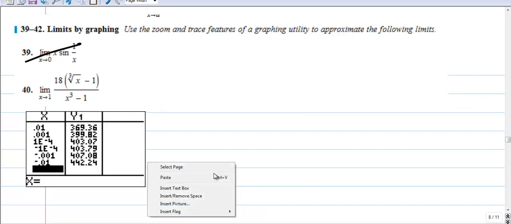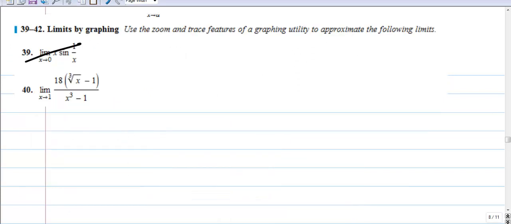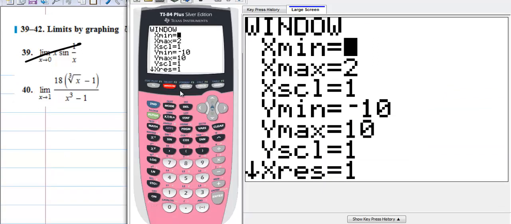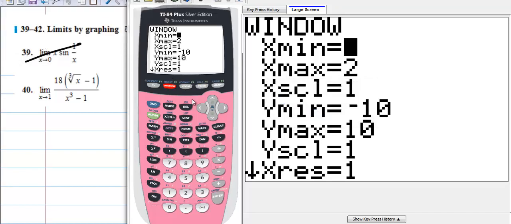Now, I just got lucky on the window, is what I was trying to say. Just putting my y min back to -10, that was lucky.